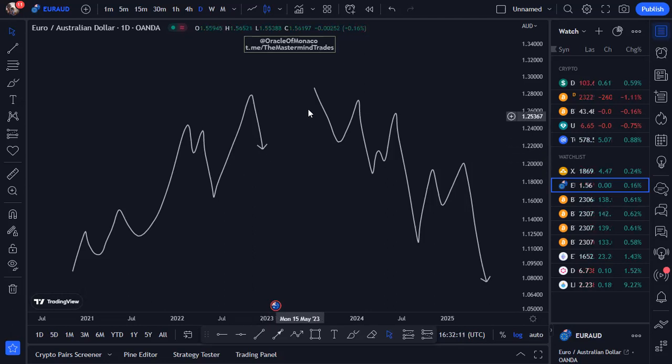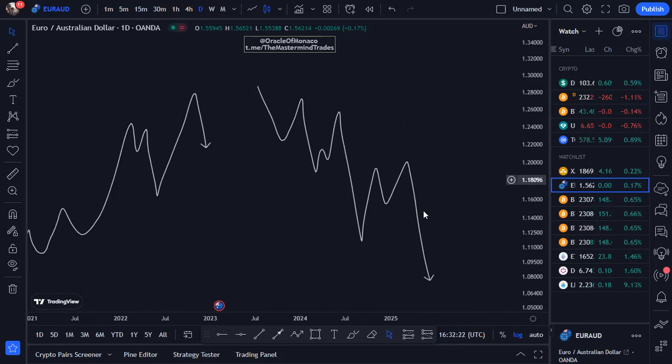So let's take, for example, this daily price chart for Euro against the Australian dollar. Right here, you can see from this that we have this to be the major swing levels, the lower highs and lower lows, lower highs and lower lows, and then the same all the way down here.